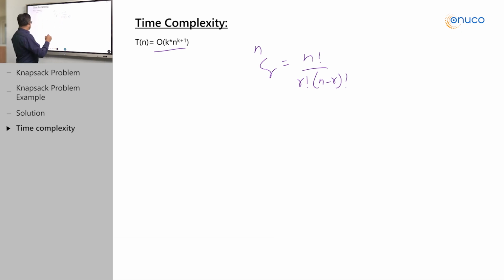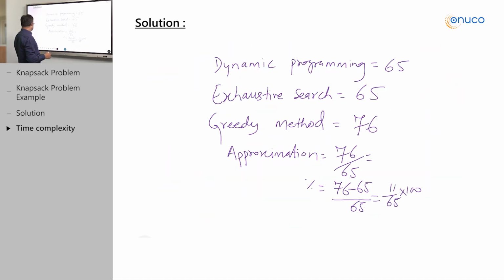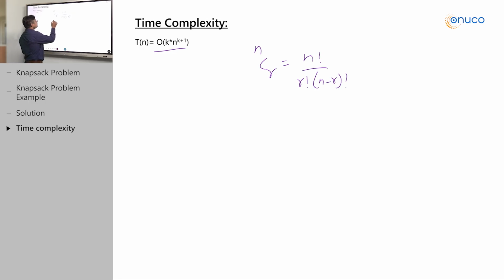Out of these four items for the knapsack, we are not selecting all 4. We have selected only 2. So if you find 4C2, it is 4 factorial divided by 2 factorial into 4 minus 2, again 2 factorial.